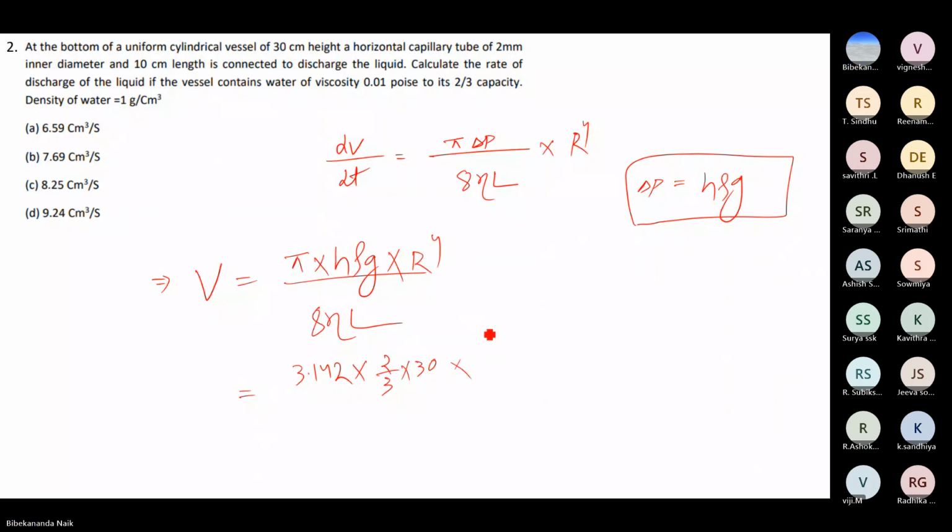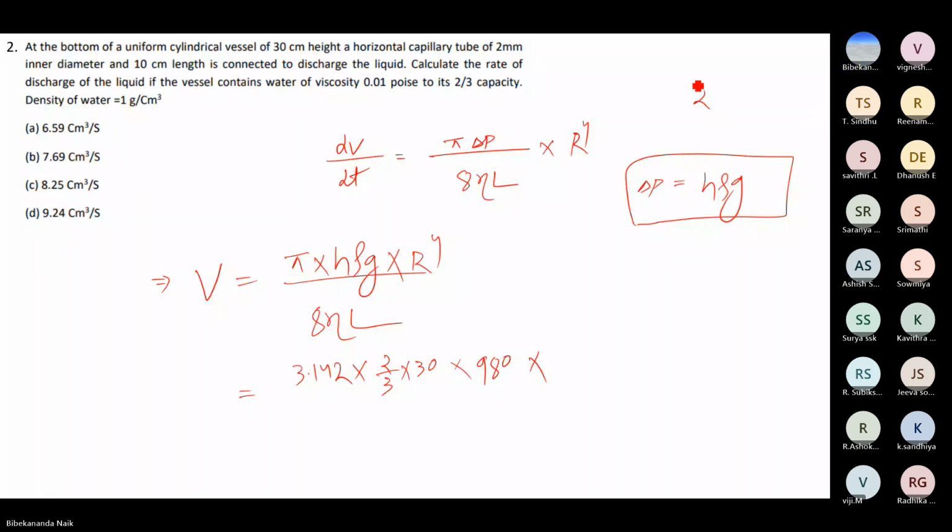Then G, since we are calculating in centimeter cube per second, so we will be putting G as 980 centimeter per second square, and then R, it is 2 mm inner diameter.